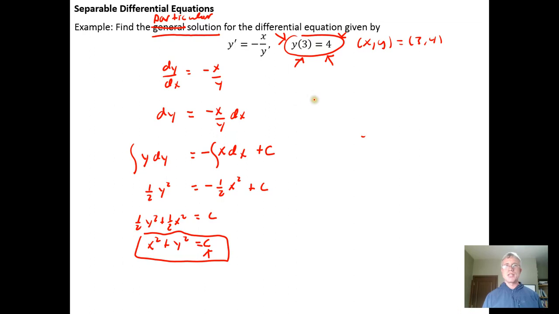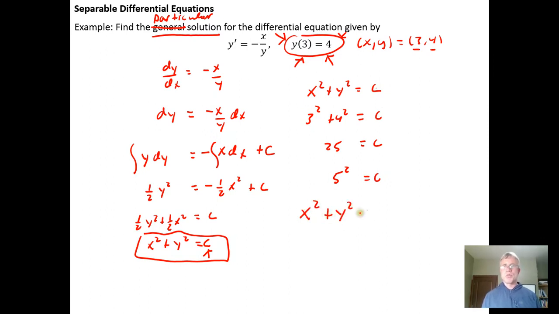So in this case, we have x squared plus y squared equals c, but we know that x is 3 and y is 4, so when we plug this in, I get 3 squared plus 4 squared equals c, and this is going to turn out to be 25 equals c, or 5 squared is equal to c.